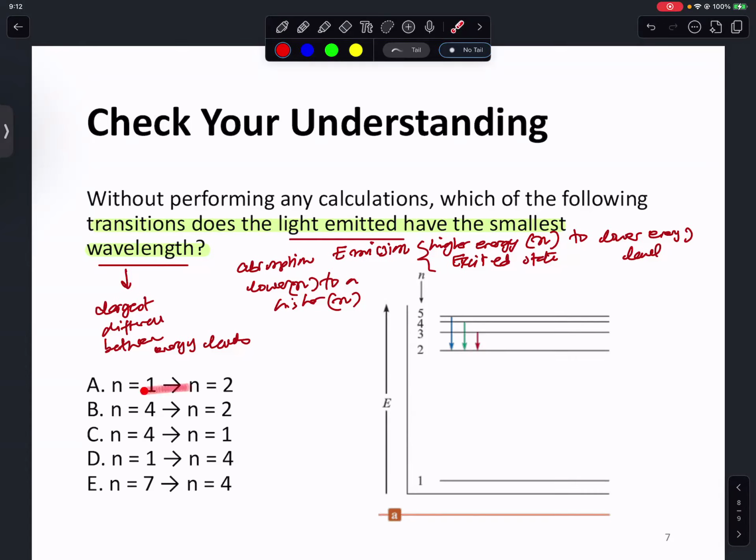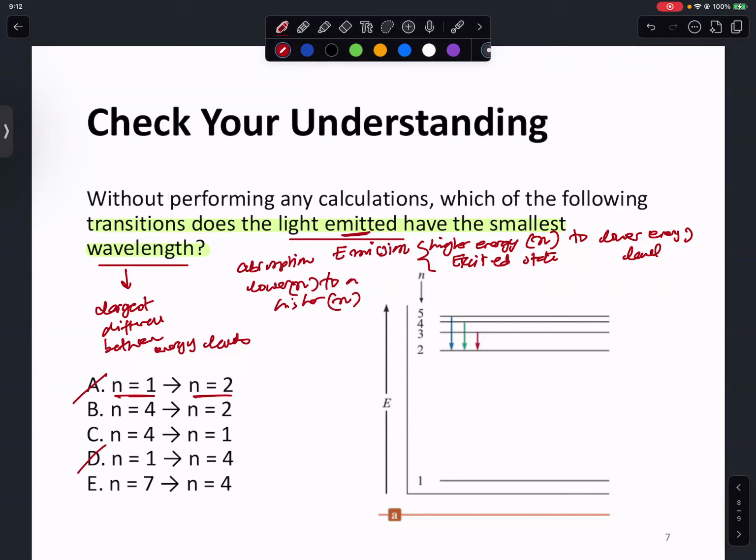For the first choice right here, this is emission. Well, sorry, this is absorption. So I can get rid of it, because it's going from lower to higher, so I can eliminate A. B, right here, this is emission, higher to lower. C is emission, also higher to lower. D is absorption, so I can eliminate it, because we're looking only for emission. And then E is also emission.